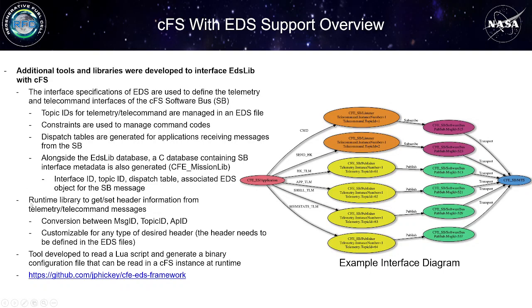So there's a runtime library associated with this to primarily get and set information in these various messages. And so this provides the conversion between things like message ID, topic ID, app ID, and this can be customized with any desired header. They just have to be defined in the EDS files themselves, and then the conversions also need to be included into the runtime library.